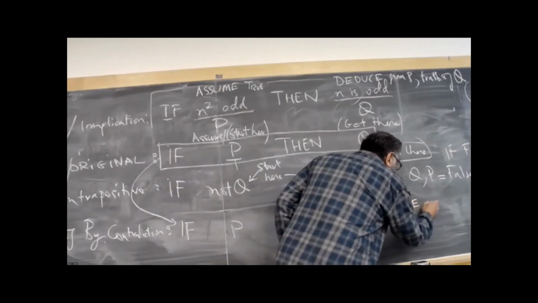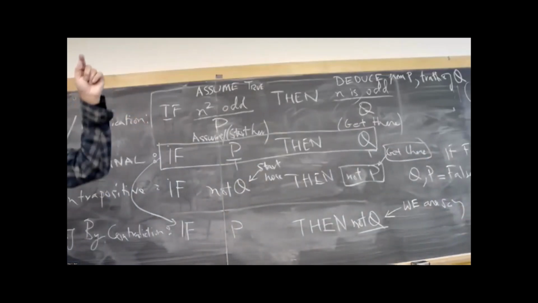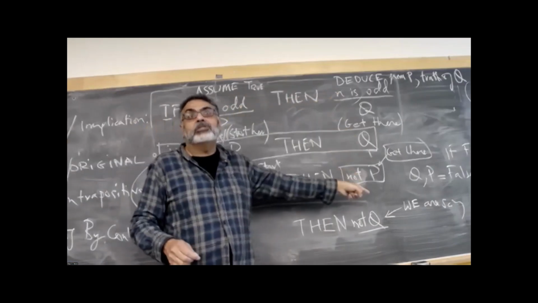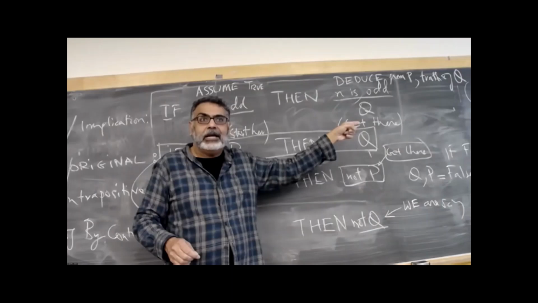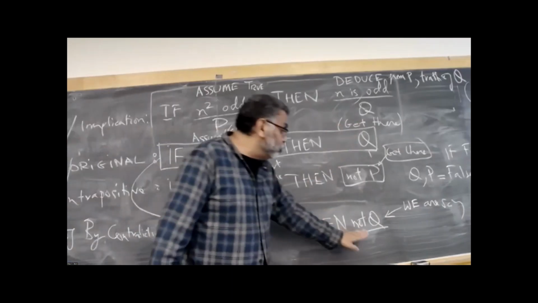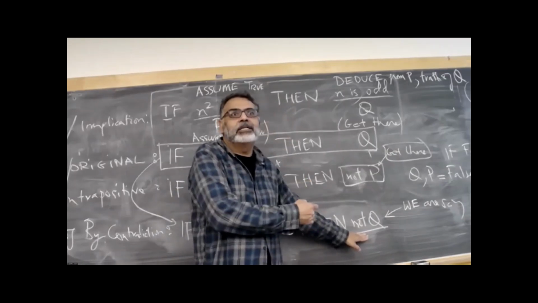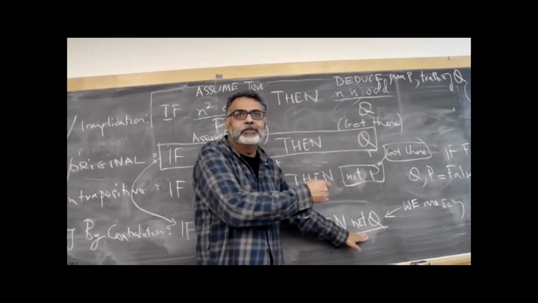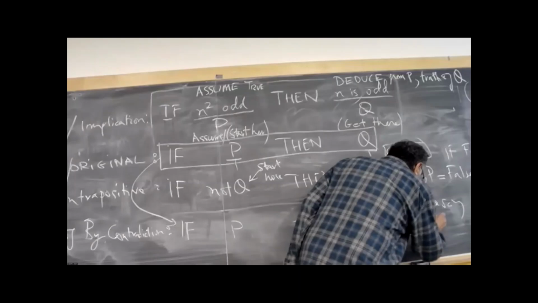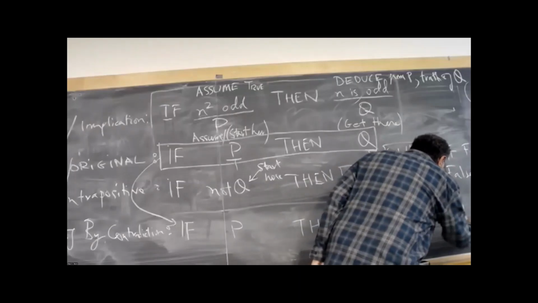Remember, in the other two, we only assumed the truth of the antecedent, and then if we got to the consequent, we said, yes, the consequent is true as well. Over here, we are assuming that the not Q is true. We're assuming that our new consequent with a not in front of it is true.